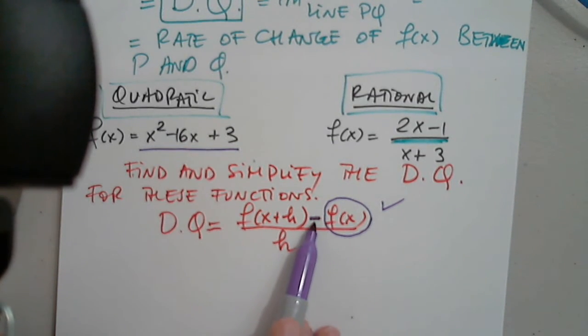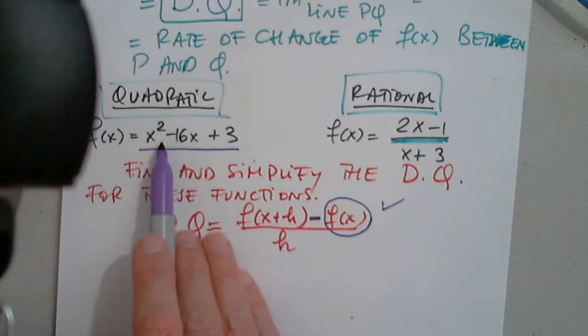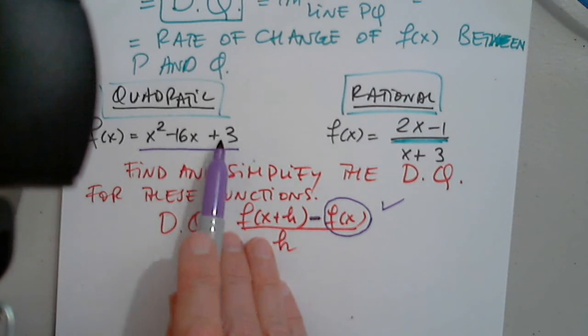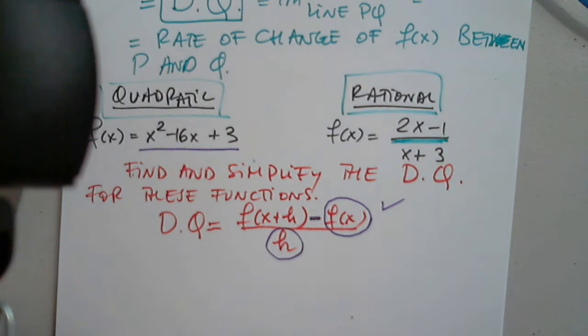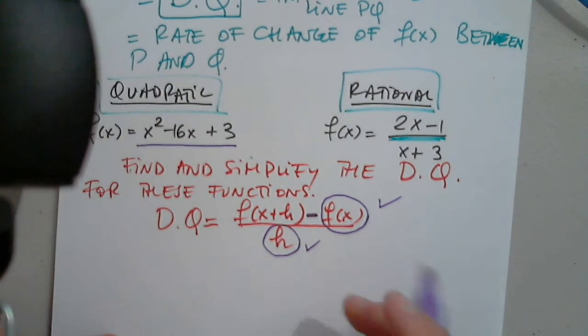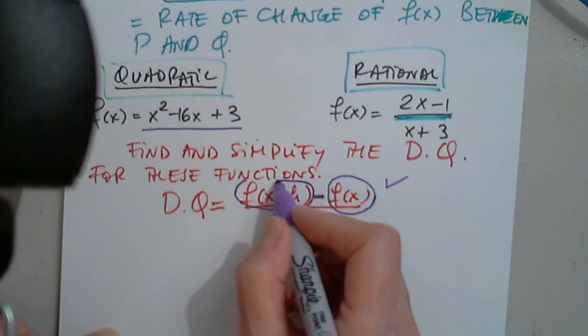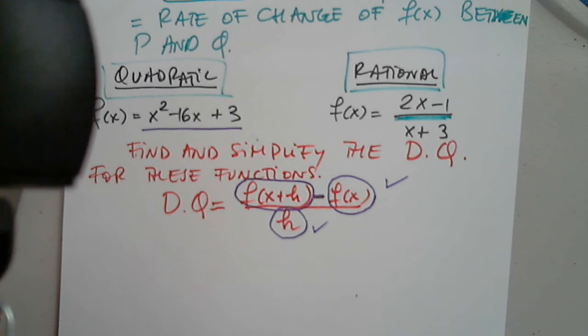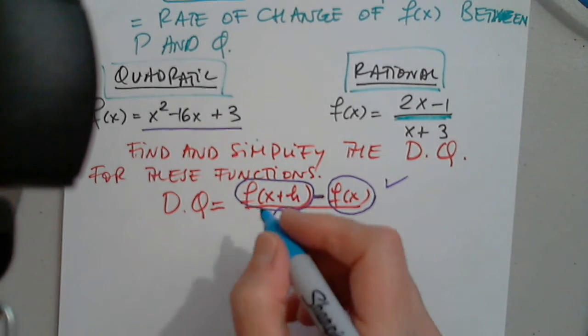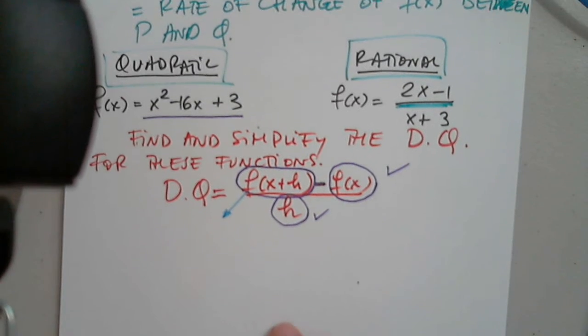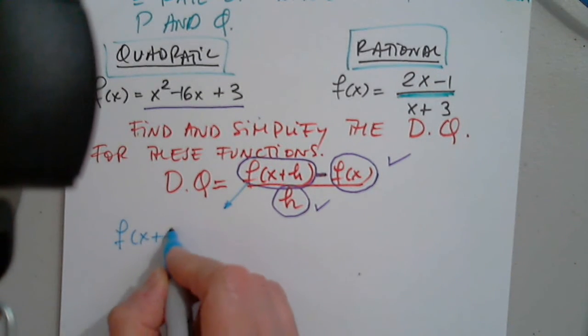So I have f of x, but this minus will be negative x squared, and then positive 16x, and then negative 3. Do I have h? Yeah, nobody can change that. Do I have f of x plus h? No, I do not have f of x plus h, and this is how I have to start. This is my starting point, f of x plus h.